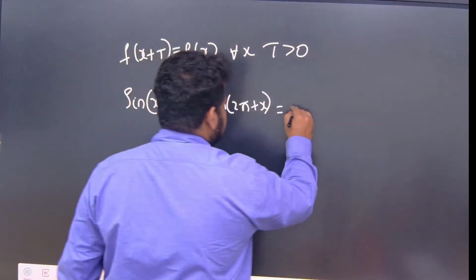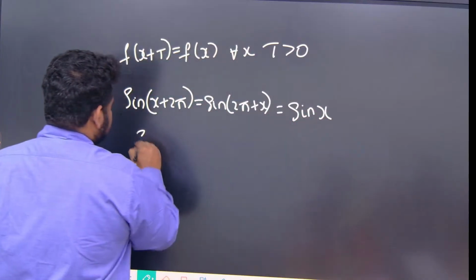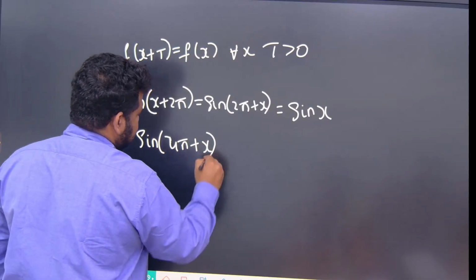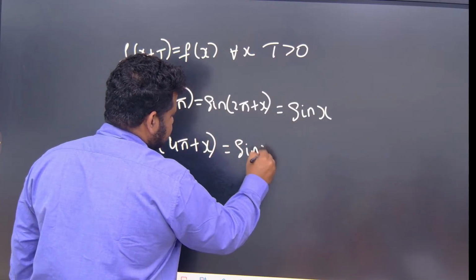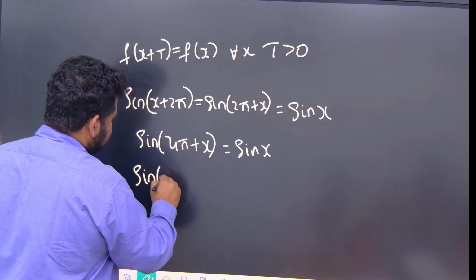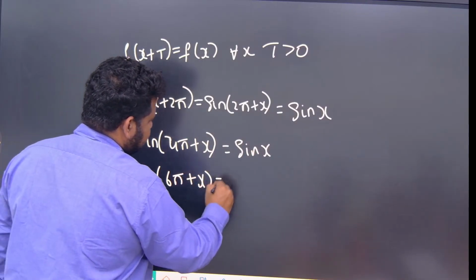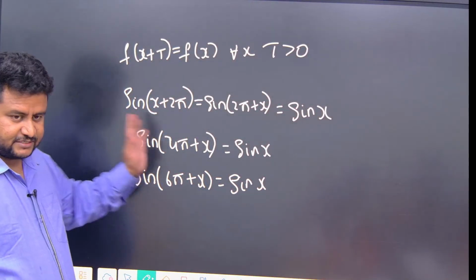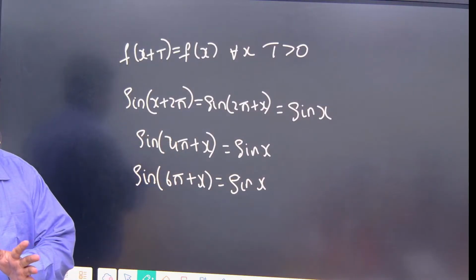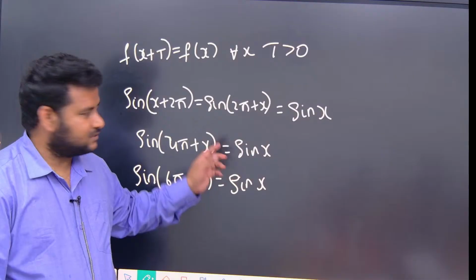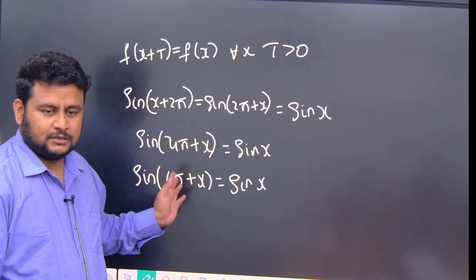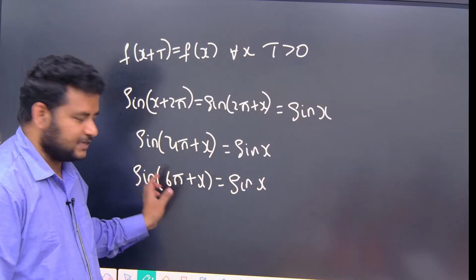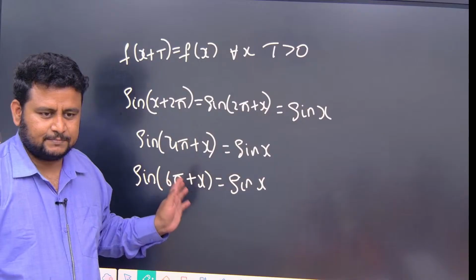Sine of 4 pi plus x is also sin x, sine of 6 pi plus x is also sin x. For 3 pi it is different, it will be minus. But here for 2 pi, 4 pi, 6 pi the function comes as it is. So these 2 pi, 4 pi, 6 pi are the periodic values t.